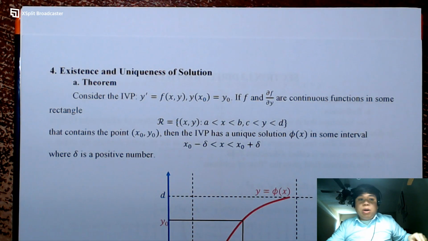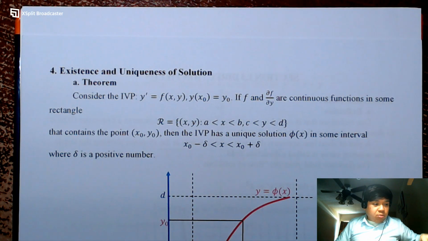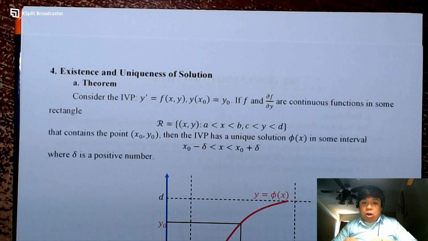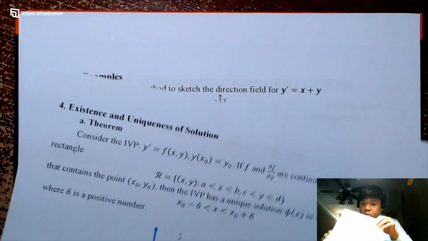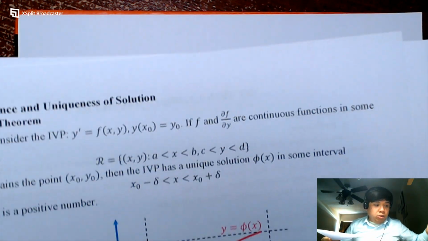So I'm not sure if you took Calculus 3 or haven't taken the class. So I just want to spend a few minutes to review the partial derivative before we continue. Last time we had implicit differentiation.